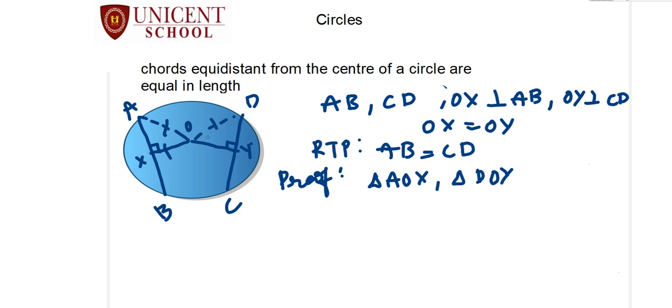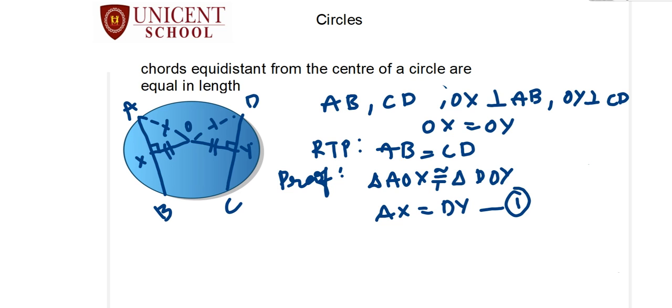This is also given. Therefore, according to the RHS congruency rule, these two triangles become congruent and we have AX is equal to DY. Let us take this as statement 1.